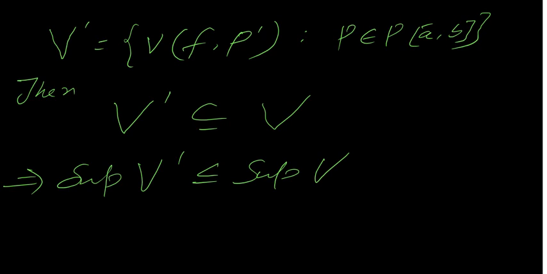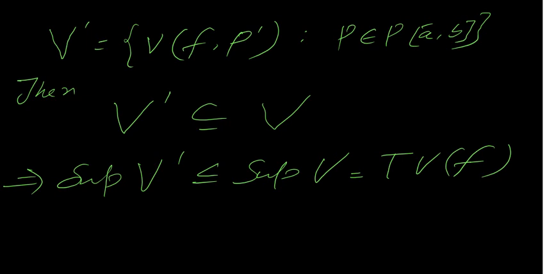It's actually the total variation. This is equal to the total variation of F, because V is the set of variations. It is the supremum of variations where P belongs to the partitions of AB. Okay, so this is the total variation.